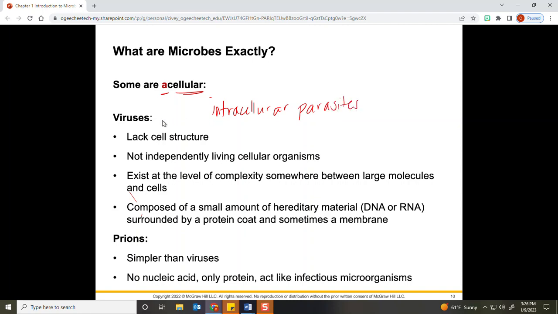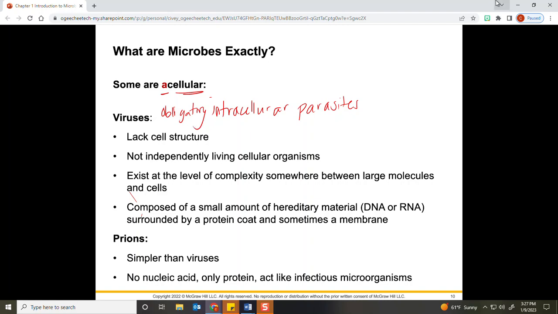You may even hear the term obligatory. Obligatory intracellular parasites, which means that they have to invade living cells in order to carry out some of their processes. Essentially, they hijack cells and their cellular machinery, like the ribosomes and the other organelles, to make more viruses as part of their reproductive process.